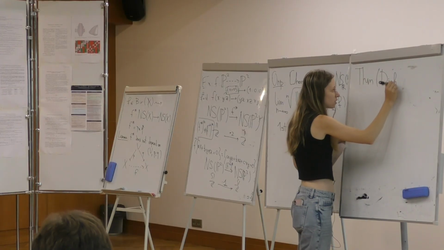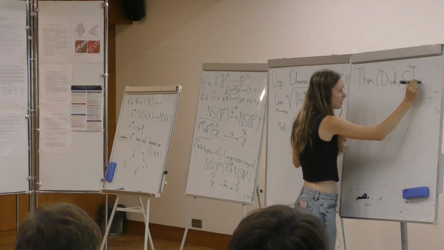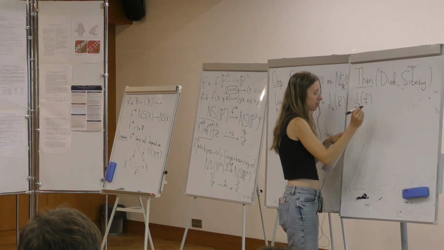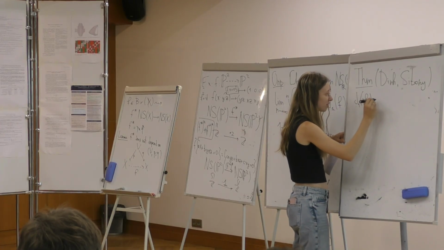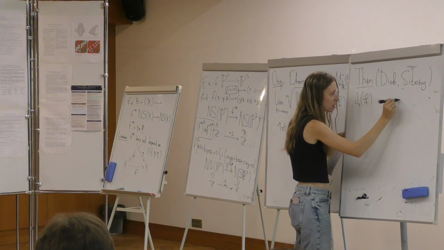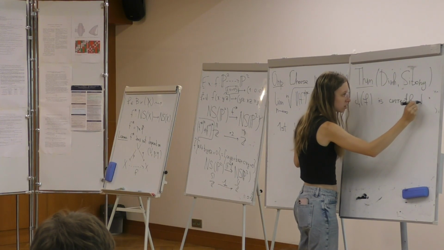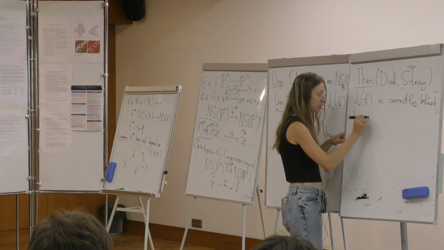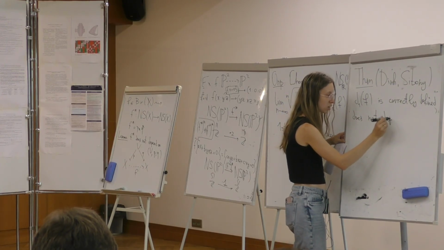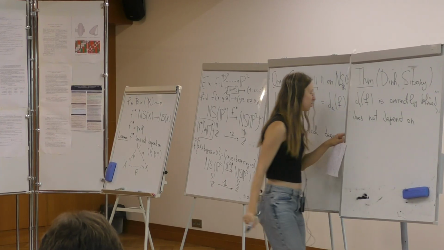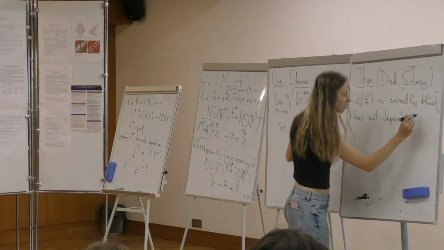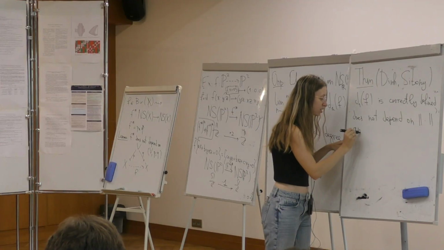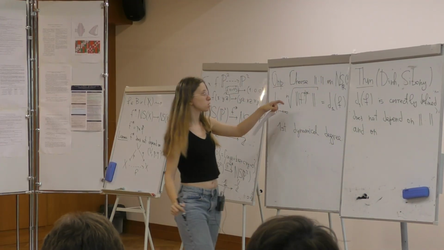d1 of f is correctly defined. It does not depend on the choice of norm, and does not depend on the choice of the birational model.